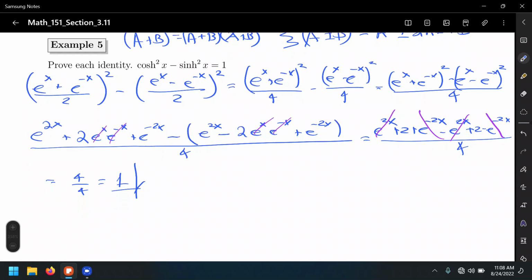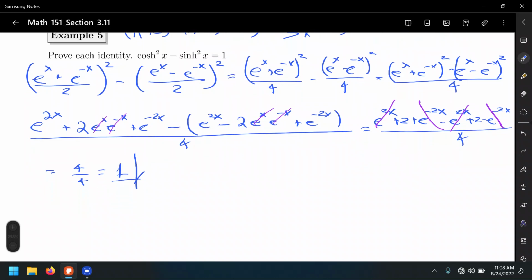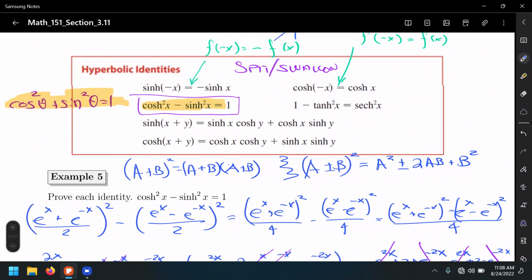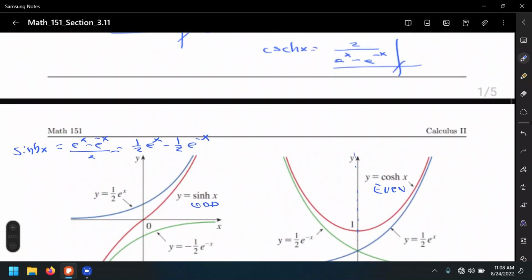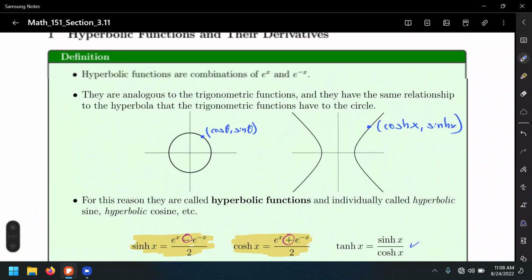Nothing weird, you know. But I was mentioning before that this identity is another pretty cool connection and distinction between hyperbolic functions and trigonometric functions. Okay, so let's go back to the picture from day one.